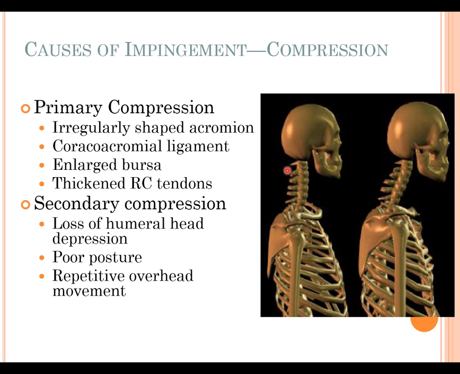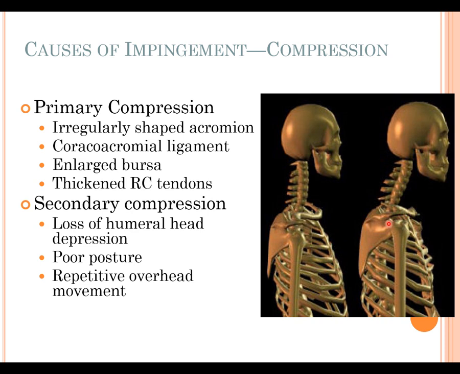Poor posture is another one that is going to be an indicator for impingement syndrome. This is what this picture is about. So if you can kind of see in here, this person has good posture, and we have a little bit better arch. The arch is not huge, but when we look front to back, there's space throughout.